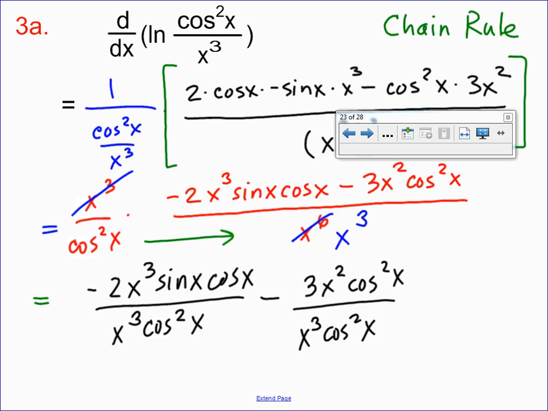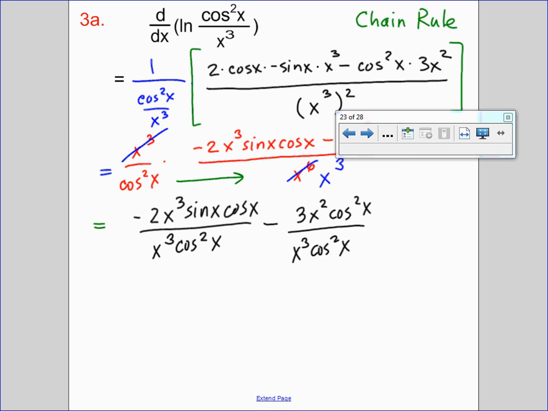And then we're one to go. I can see a light at the end of the tunnel, and I hope you can too, because I can't wait for part B. So let's go ahead and finish this out. x cubed over x cubed. Cosine x over cosine squared x. Negative 2 sine of x over cosine of x.